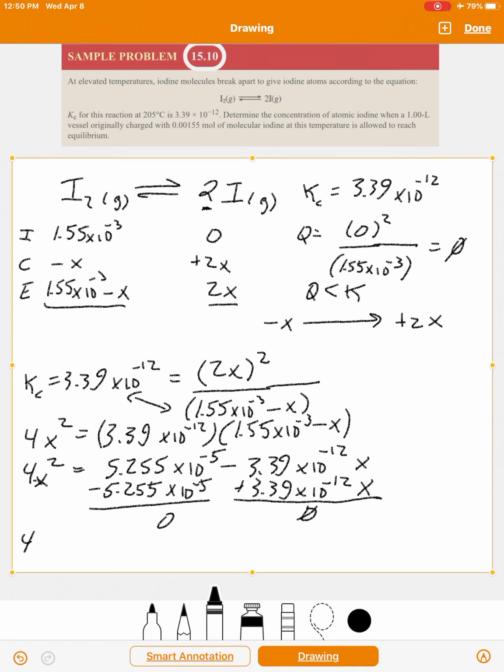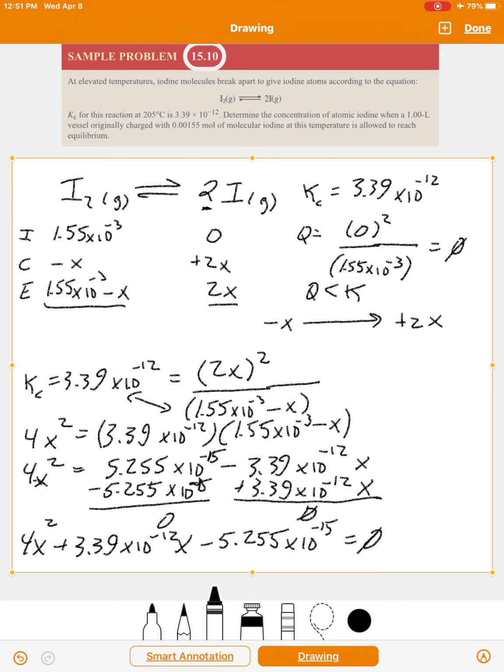So now you're left with 4x squared plus 3.39 times 10 to the minus 12x minus 5.255 times 10 to the minus 15. I see what happened, this is minus 15. Okay, and that's going to equal 0.